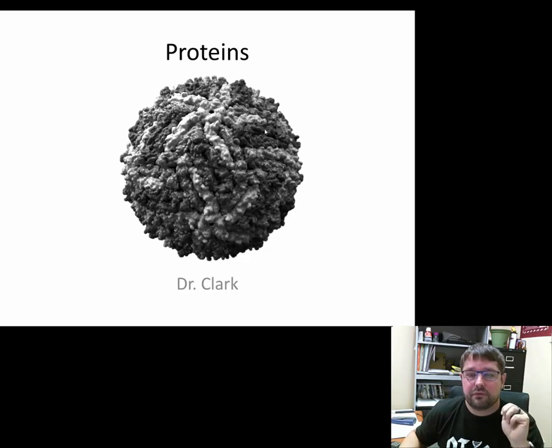Some of you might remember the Zika virus scare during the Olympics in Brazil, which causes birth defects. But this is the 3D rendition of what the protein coating around the nucleic acids looks like.